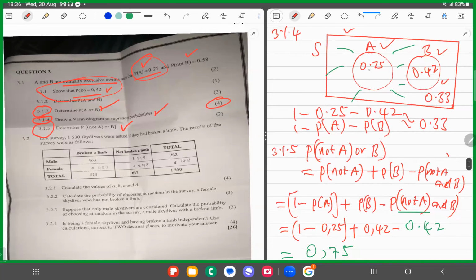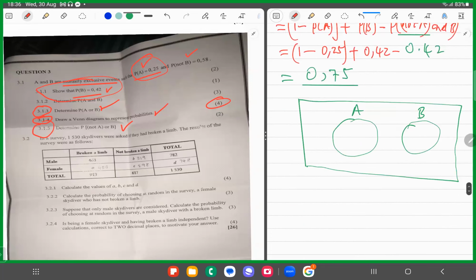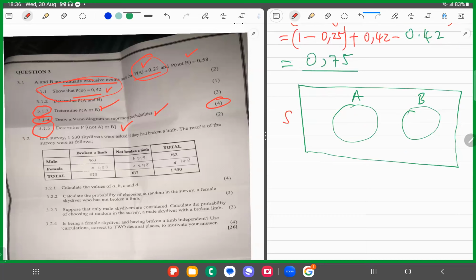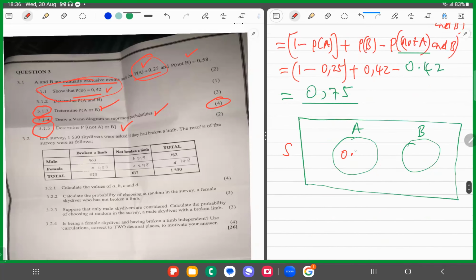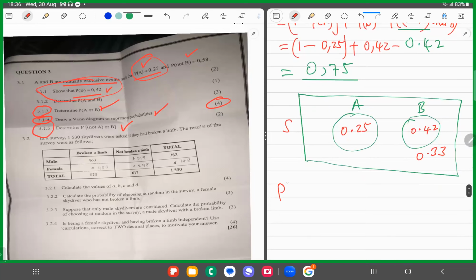The probability of A is 0.25, that of B is 0.42, and the remainder is 0.33. If the examiner asks you to find the probability of not A or B, the probability of not A or B.